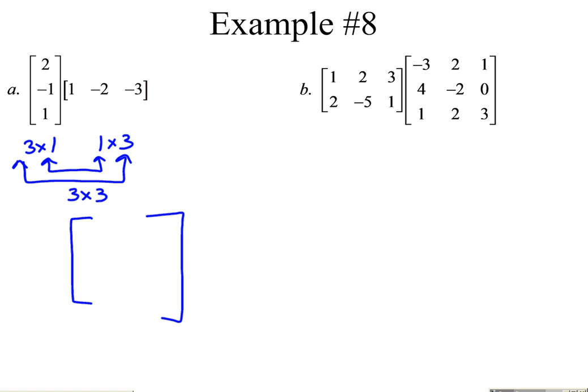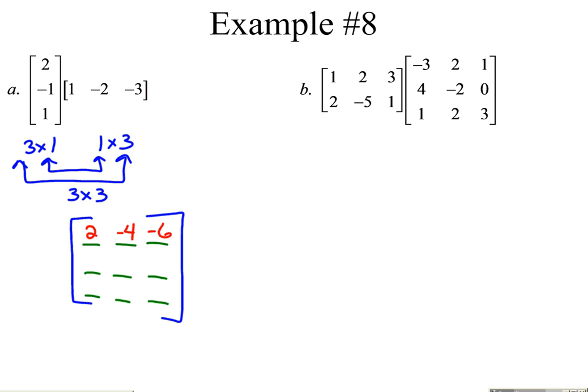If I put in the positions to help us stay organized here. Row 1, column 1, 1 entry. 2 times 1 is 2. Row 1, column 2, negative 4. Row 1, column 3, negative 6.